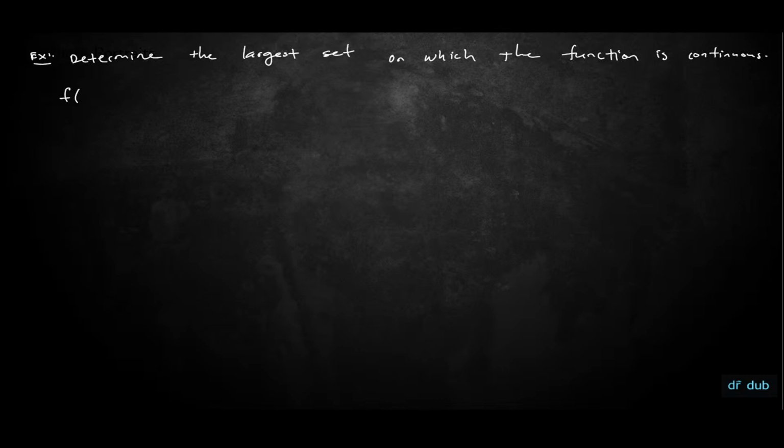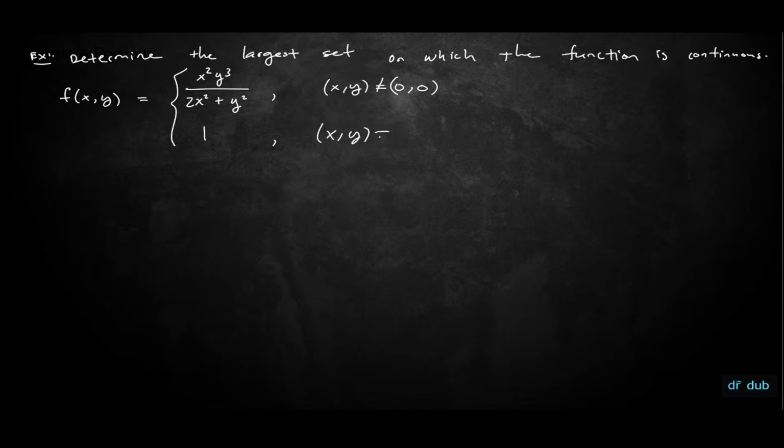Our function f of xy is a piecewise function: x squared y cubed over 2x squared plus y squared if xy is not equal to 0, 0, and then it's equal to 1 if xy is equal to 0, 0. So it defines the function explicitly at 0, 0 because it's not defined there originally. We define it explicitly to be the value of 1.